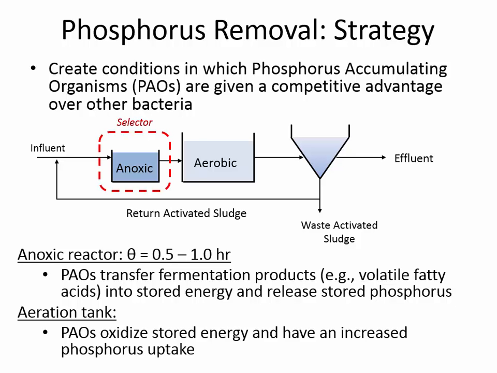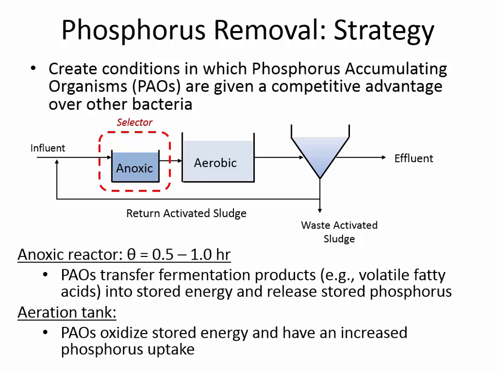A selector means an environment that favors one species over another. And so the anoxic environment favors the PAOs, and when they're in the anoxic reactor, they are using their body mass to release phosphorus.